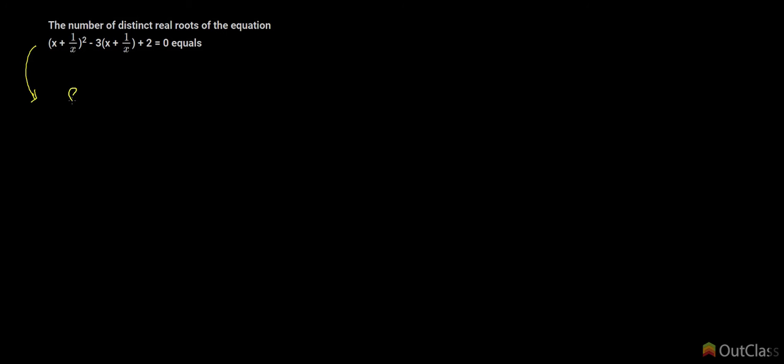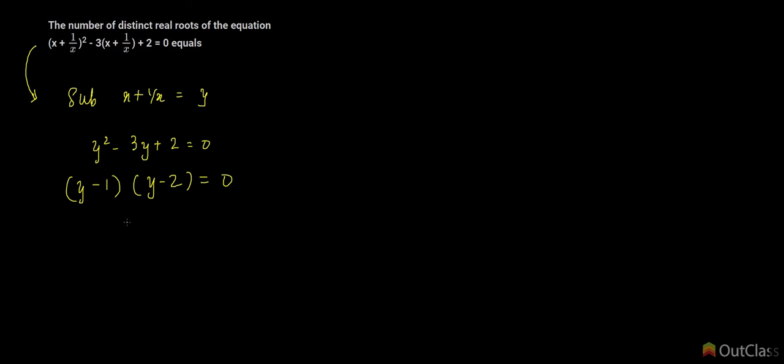So if you substitute x + 1/x = y, you'll end up with y² − 3y + 2 = 0. This is basically (y − 1)(y − 2) = 0, which means y is equal to 1 or 2. But what is y?